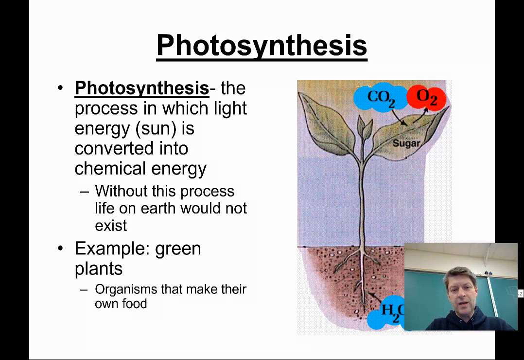Well, basically, they take carbon dioxide out of the atmosphere, along with some water up from their roots, along with some energy from the sun. What am I going to write? I'm going to write energy really terribly. And they give off some more oxygen and sugar.